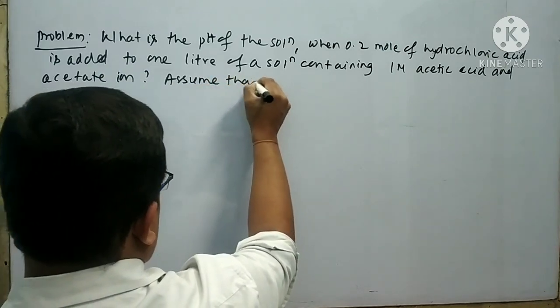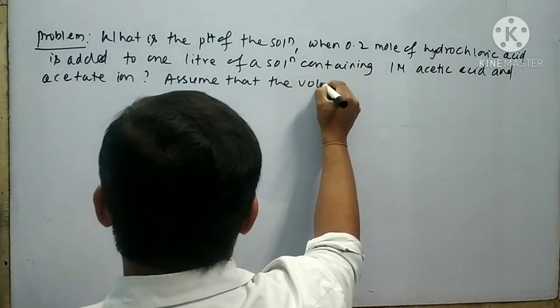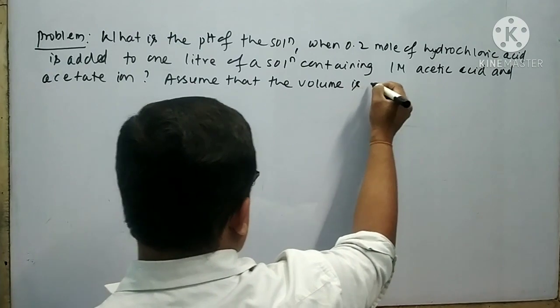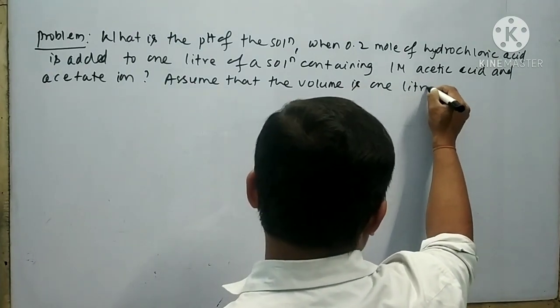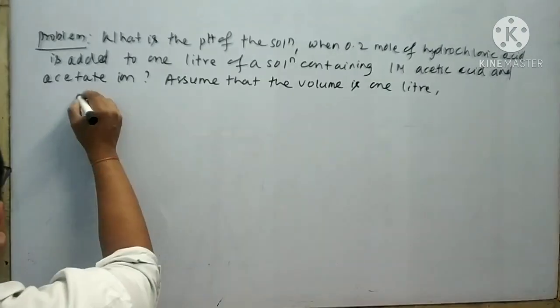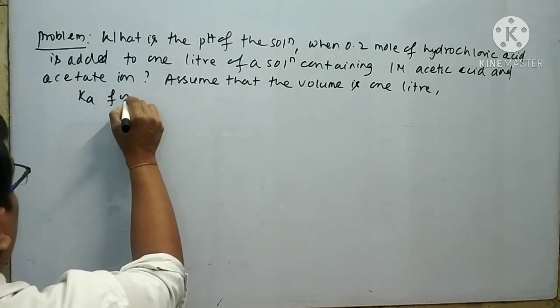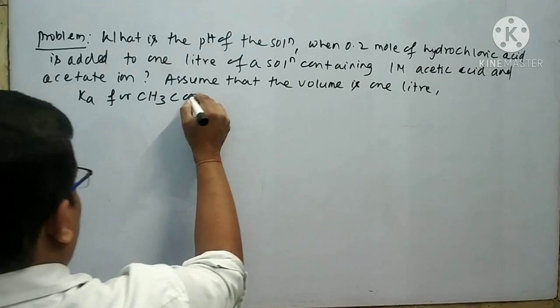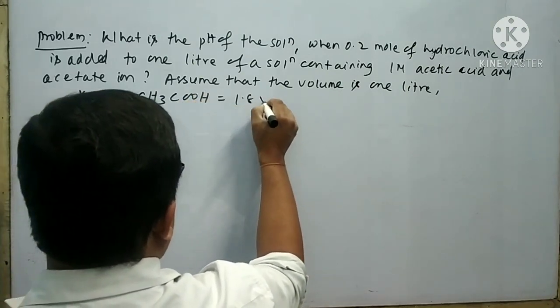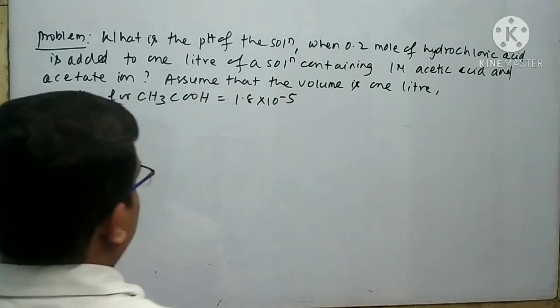Assume that the volume is 1 liter. Here the K value is given. The Ka value for acetic acid is 1.8 into 10 to the minus 5.